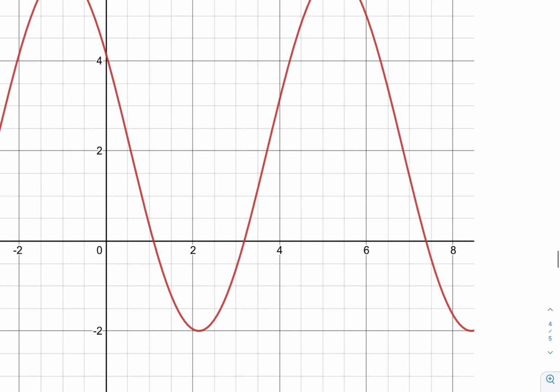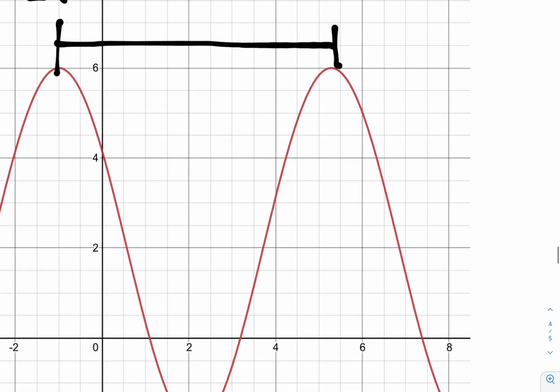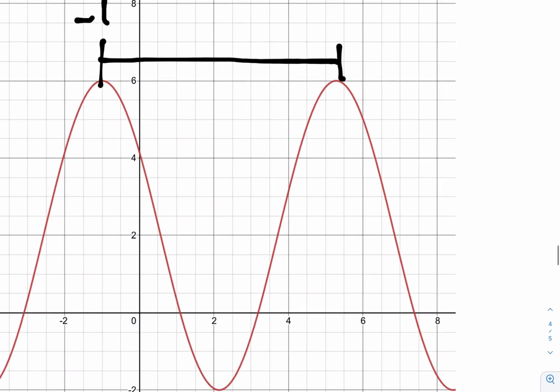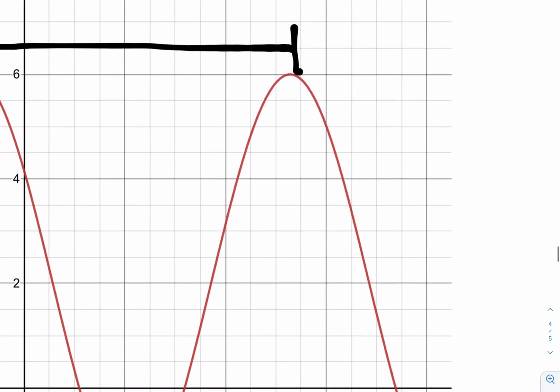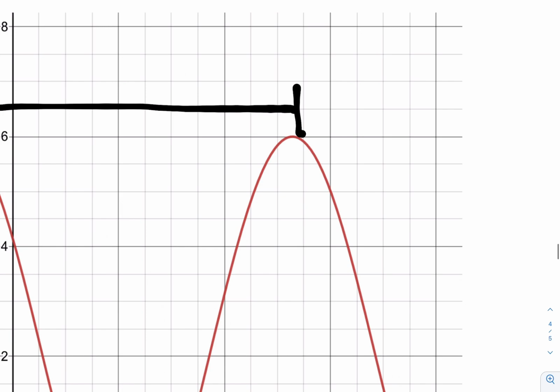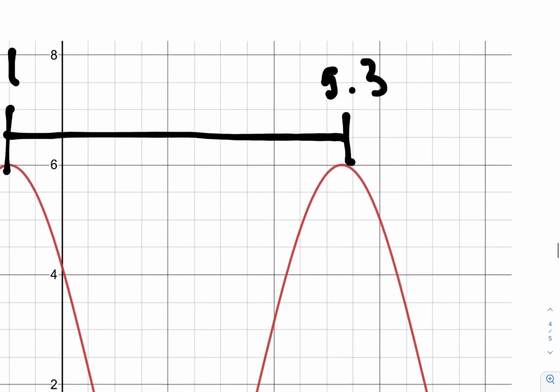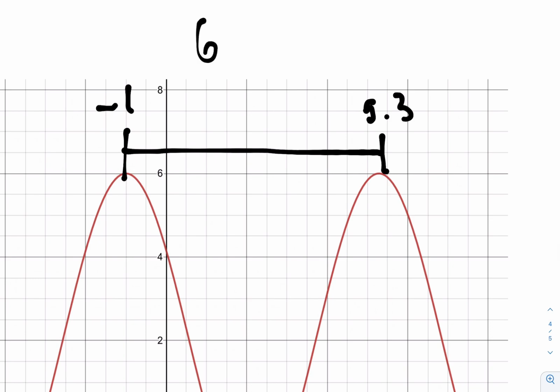That's going to be 2.14. Okay, so this looks like the period is still about, let's see, if this is negative 1, this looks about 4, this would be 5, this would be maybe like 5.3, something like that. So the distance between these would be 6.3.